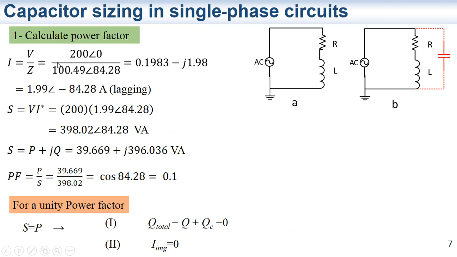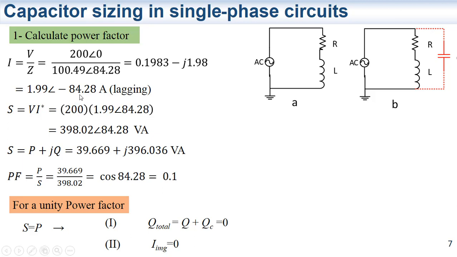Alright, so first, given the voltage and the impedance of that load, we can calculate the current drawn by that load, and you can already see that theta is close to 90 degrees, which means that the power factor is very low.